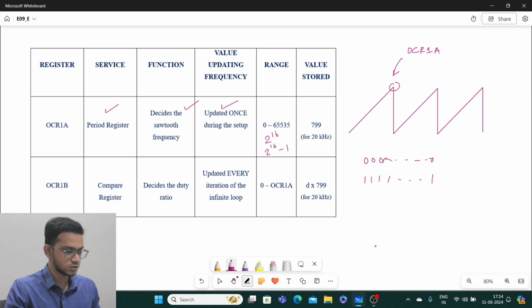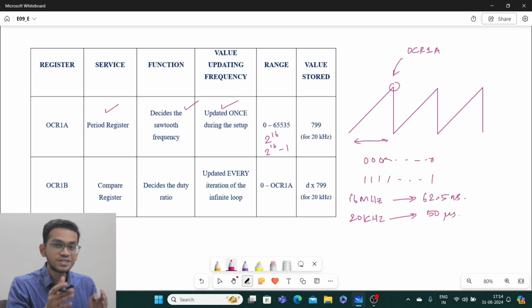Why? Because my Arduino clock is of 16 megahertz. If my Arduino clock is 16 megahertz, it has a corresponding time period of 62.5 nanoseconds. I want a 20 kilohertz switching frequency, and the sawtooth frequency is my switching frequency, which has a corresponding time period of 50 microseconds.